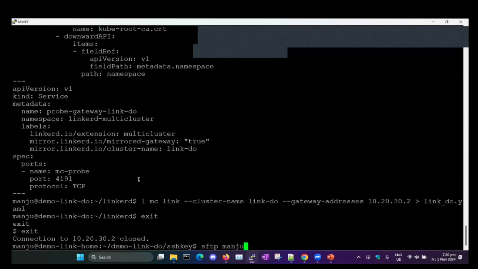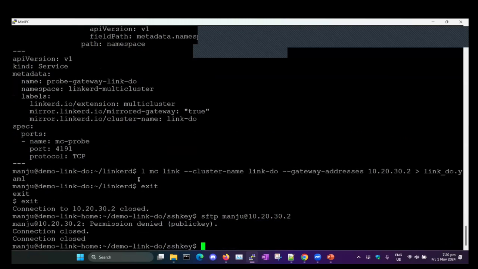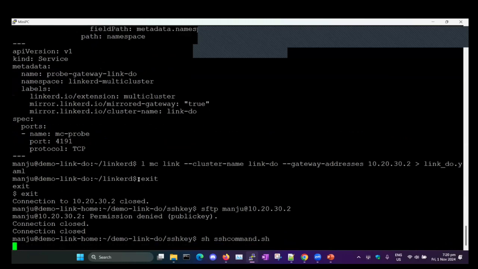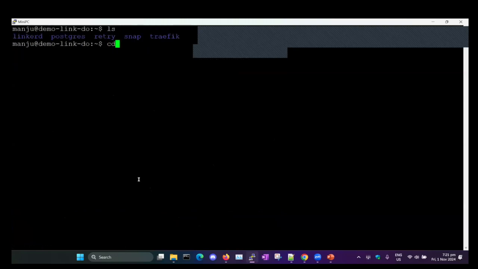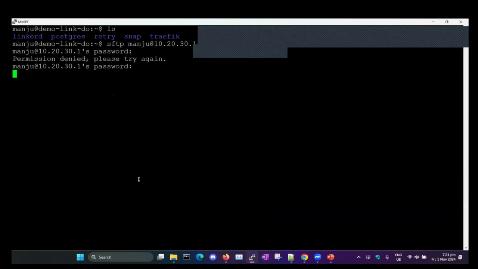So what I'm trying to do now is I've gone back to the home cluster. I'm going to SCP. Where is it? Okay. My keyboard has a problem.